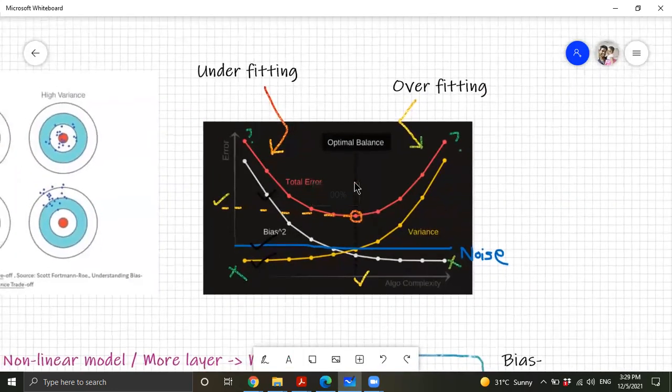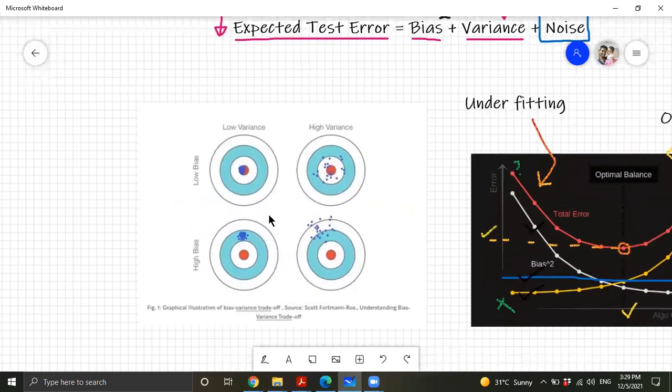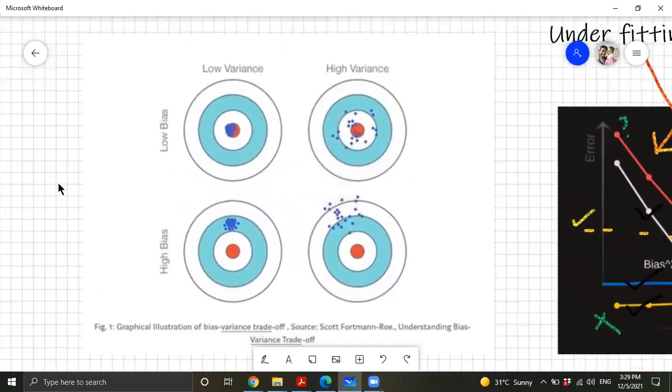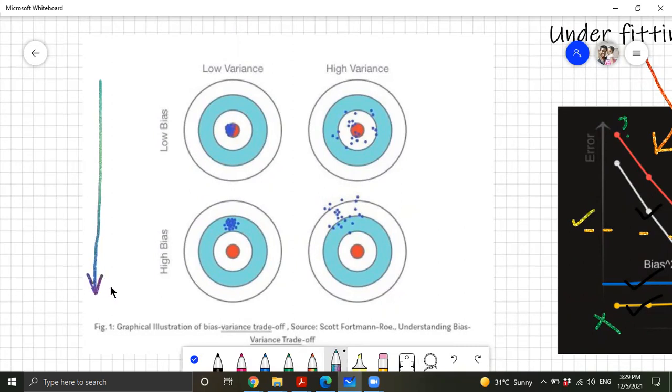If you still don't understand this, don't worry guys, rewatch this video again, or else just watch this picture. If we take this axis as the bias, bias is increasing this side, and on this side the variance is increasing.